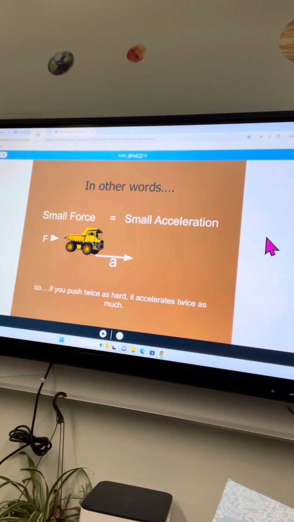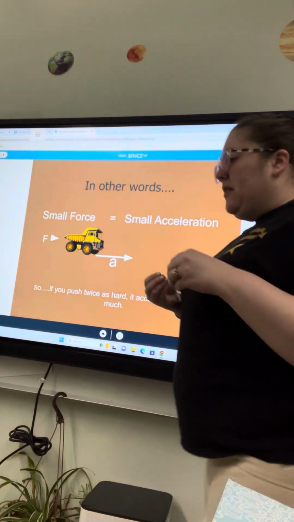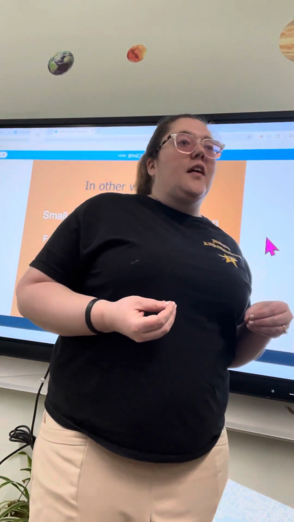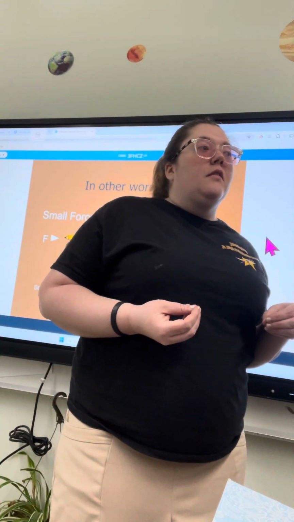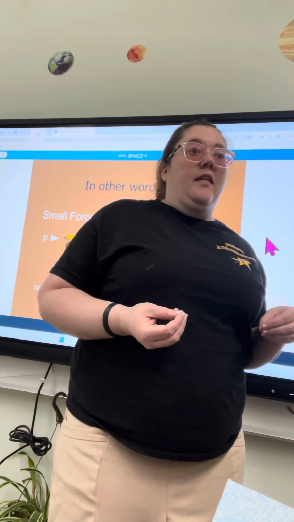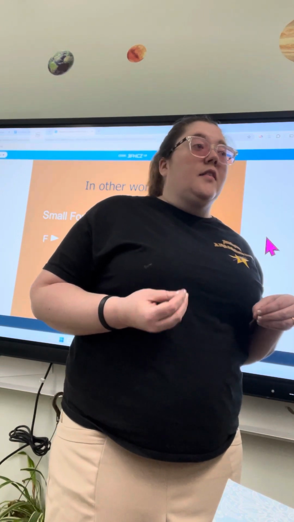If you've got two vehicles going down a hill, say you've got a semi versus a car, and the semi and the car start out with the same force, who's going to have the larger acceleration? The semi. Why? It's a lot heavier, right?